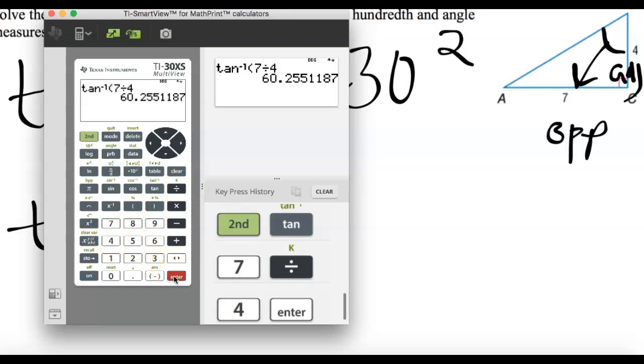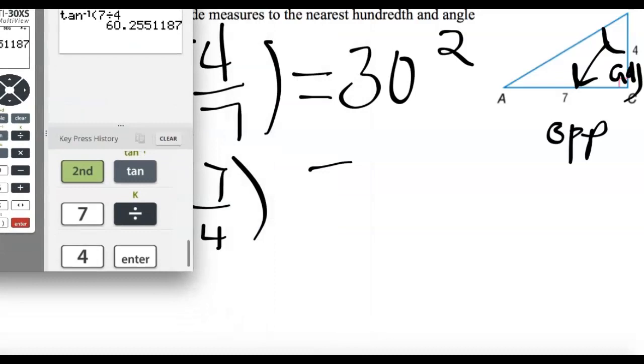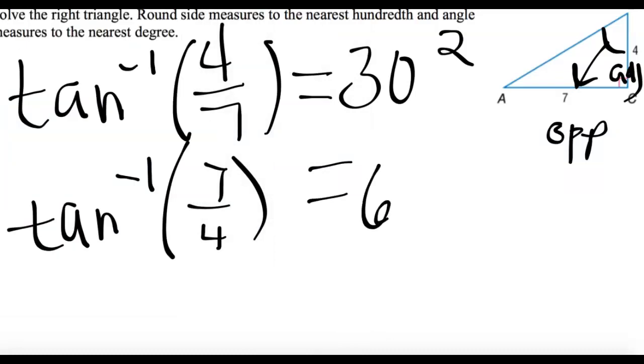So we get that to the nearest degree would be 60 degrees. And this is supposed to be degrees up here.